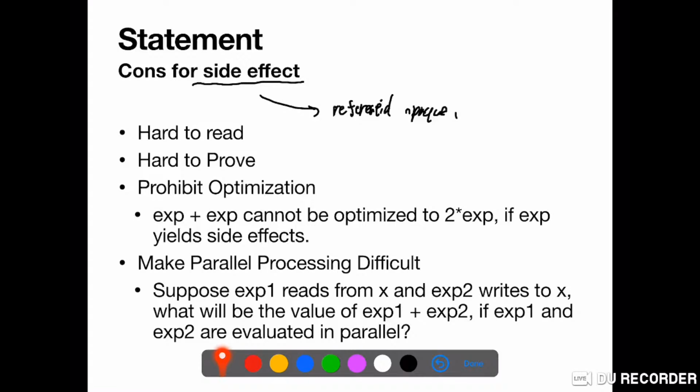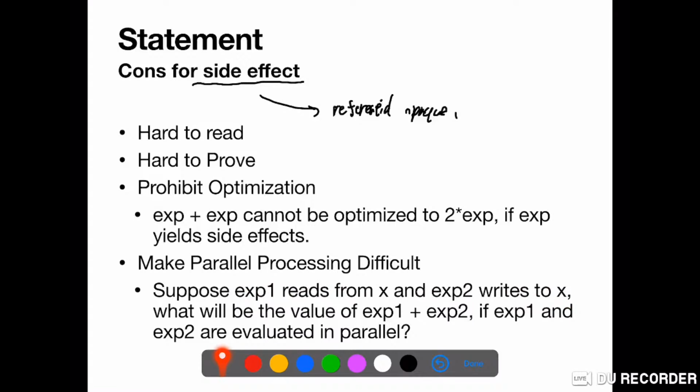And then it also makes parallel processing very difficult. So suppose we have expression 1 that reads from X and expression 2 that writes to X. So expression 2 is the one that has a side effect. If you're just reading the context, it doesn't count as a side effect, but expression 2 can write to X. So there is a side effect here, causing the whole thing to be referential opaque.